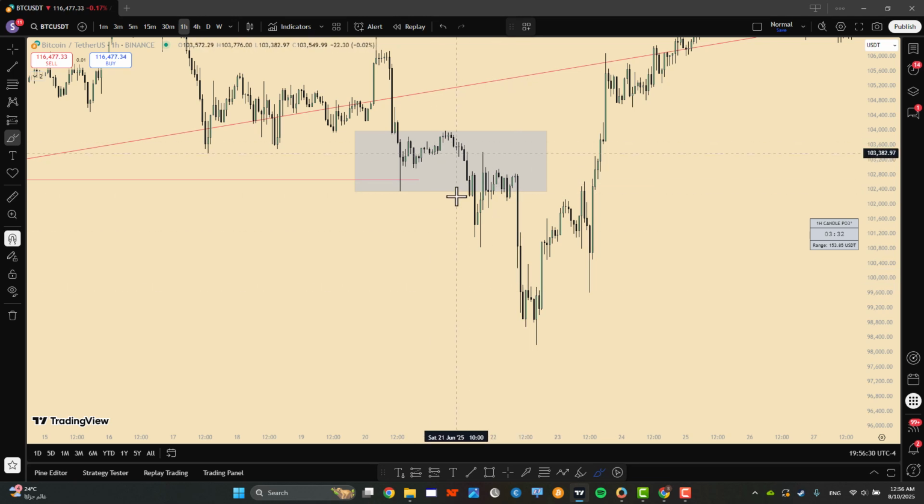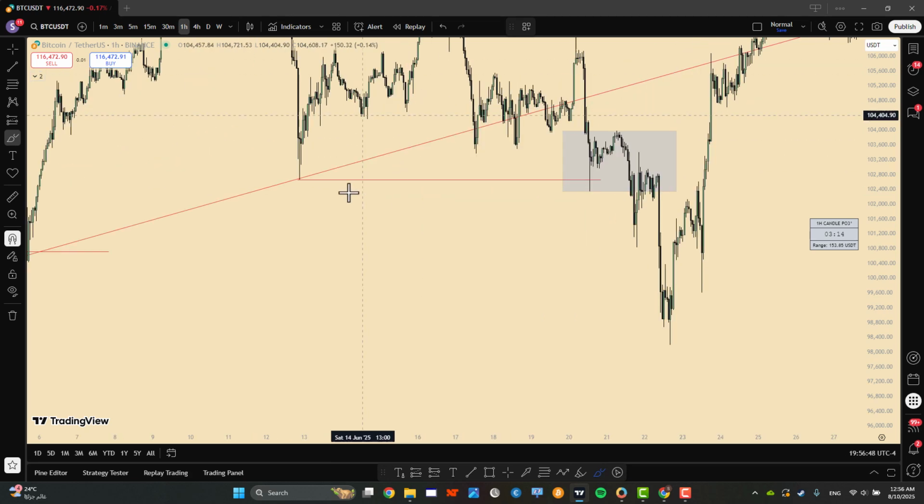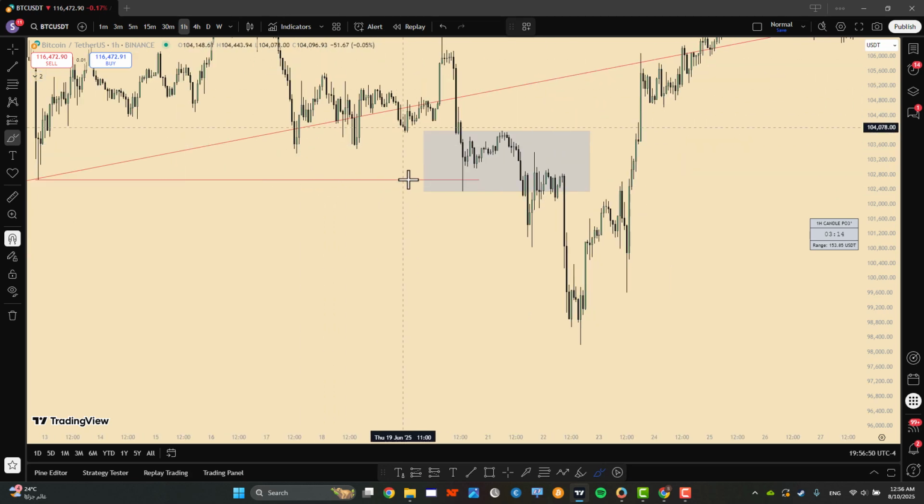This is something that you want to pay close attention to: the difference between a liquidity pool that's going to push price to the upside and give you a decent reaction, and something that is temporary. You're going to see a strong move to the upside. Now, notice when price took that external or internal low, price just lost momentum right here.